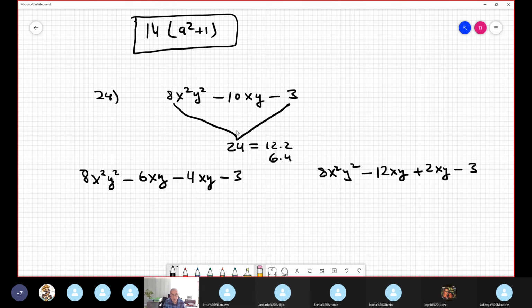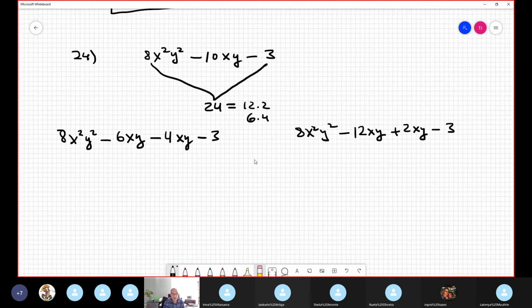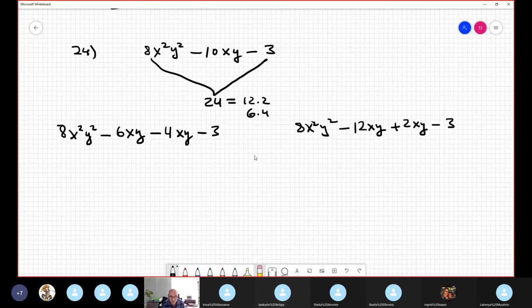Do you see the 2 possibilities we have? Now, looking at that, which do you consider correct and incorrect? We need to try grouping.